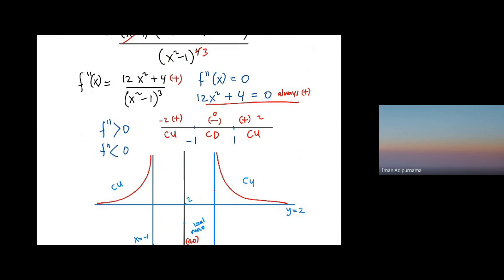Some functions do not always have a solution for f double prime equals 0. Not always the case. So sometimes you need to think about how to draw the concavity. You need to set up some intervals. I think the best way is to look at the asymptotes. I think that is easy to follow for drawing the curve.